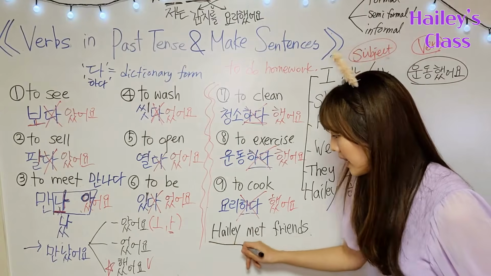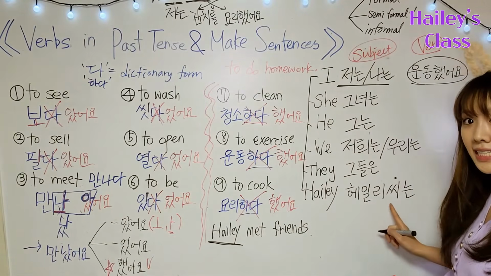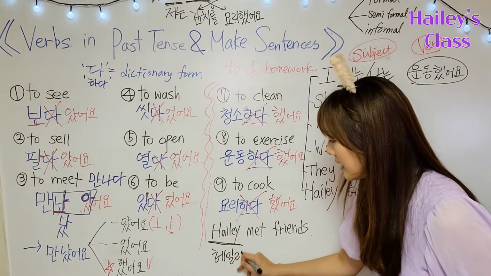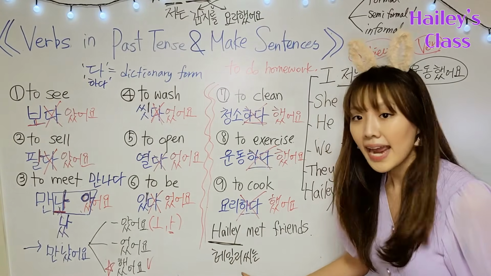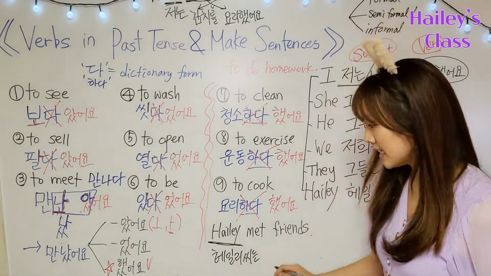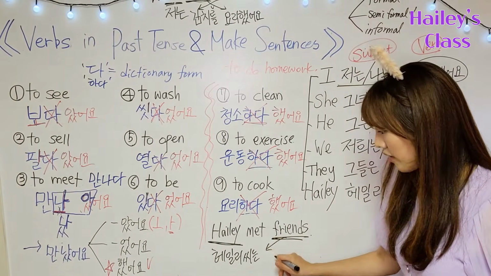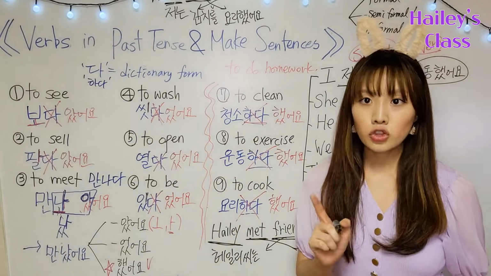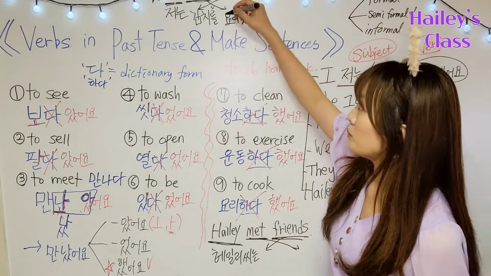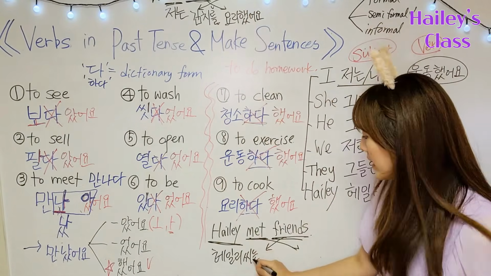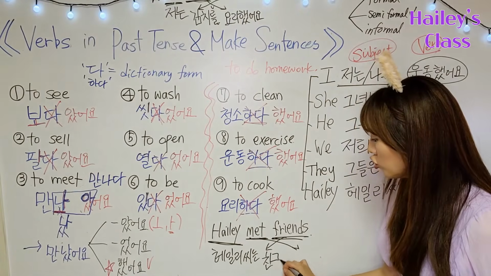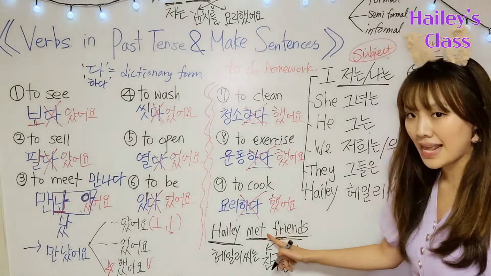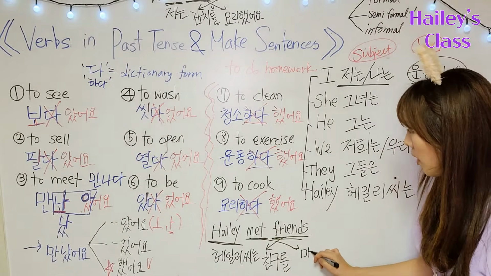So, Hailey. This is Hailey 씨는. This part's in here, right? And this part's in here. Friends in Korea is 친구. But we have to put the 를. So, 친구를 met. 만났어요.